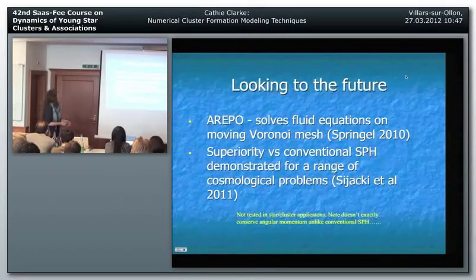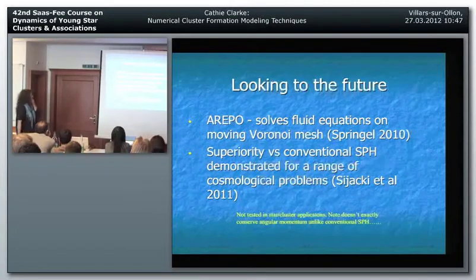Now, looking to the future, you may have heard of Arepo. This is Volker Springel's new SPH-like beast, because it's an interesting hybrid between the Lagrangian and the Eulerian. It solves the fluid equations on a moving Voronoi mesh.